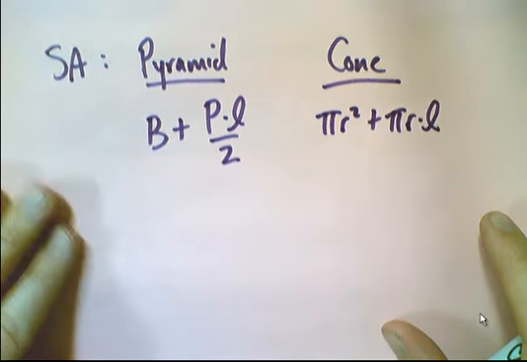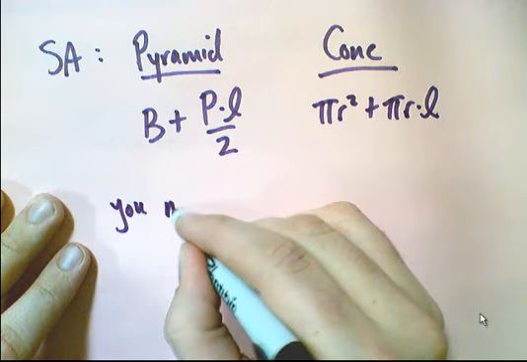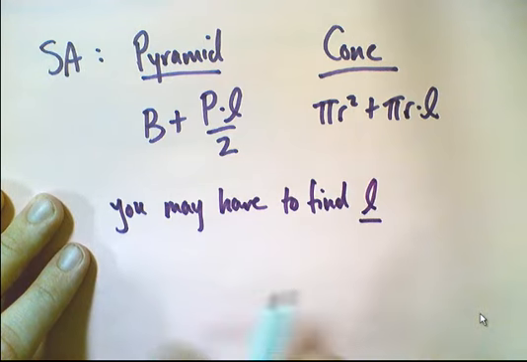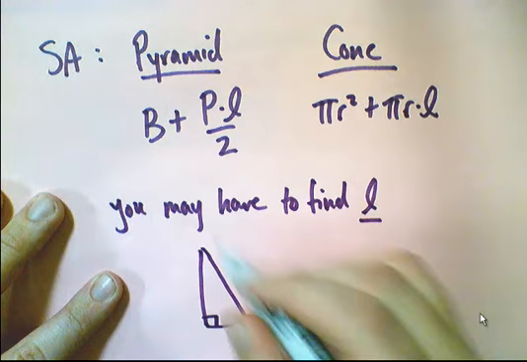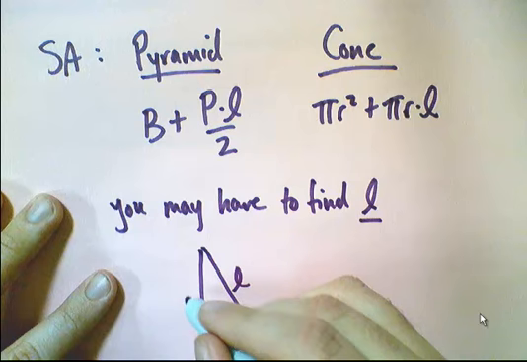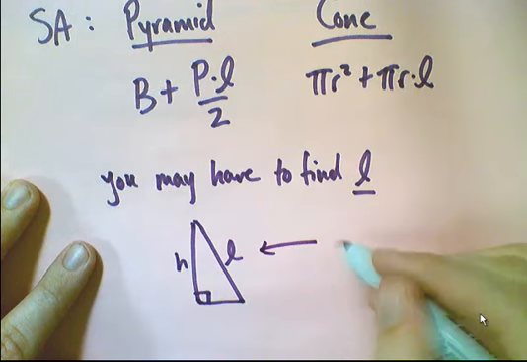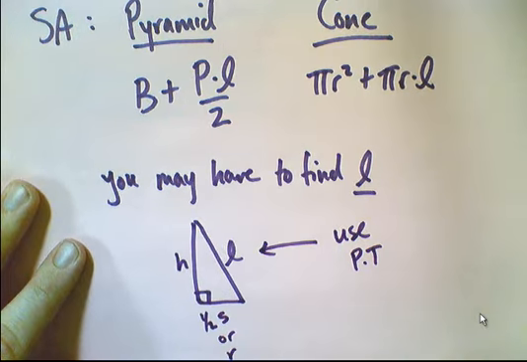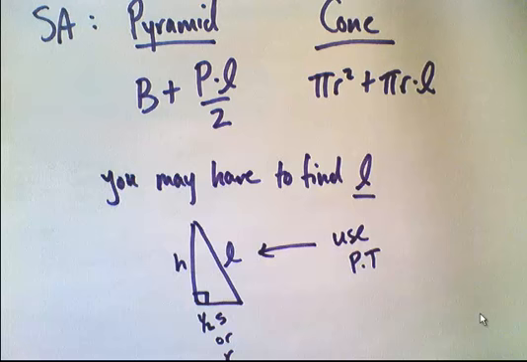And when we do these, you may have to find the slant height. Remember, the slant height is always found, whether it's in a pyramid or a cone, basically with the right triangle calculation. So this is going to be 1/2 the side length in a pyramid, or it's going to be the radius measurement. And once you do that, you should be able to calculate the surface area and volume of a prism.